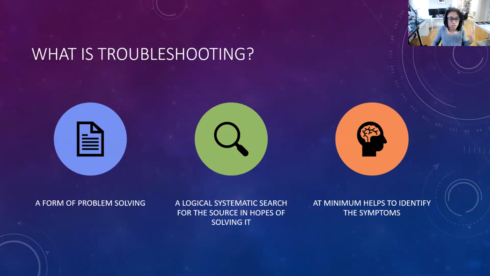So what is troubleshooting? Troubleshooting is a form of problem solving in which you make a logical and systematic search for the source of a problem in the hopes of solving it. If you can't solve it, at a minimum, it helps you to identify the symptoms.